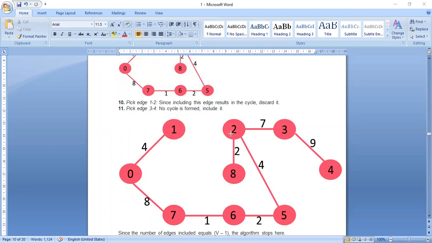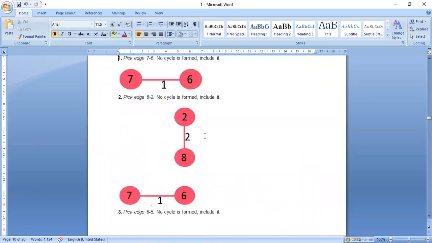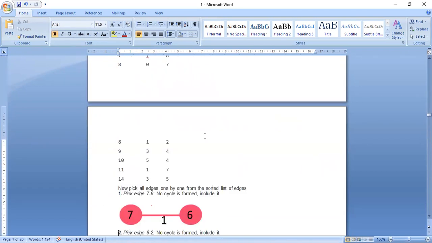Okay. So the next edge has weight 14. What are the source and destination vertices? 3 and 5.